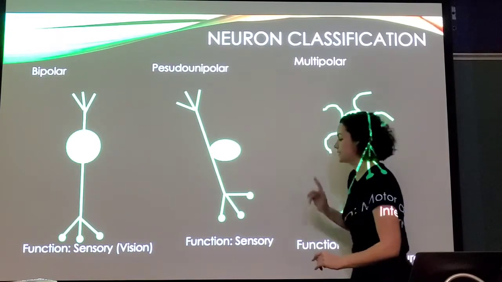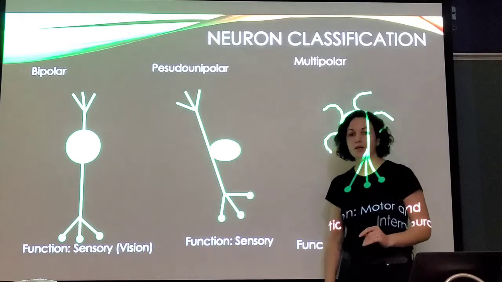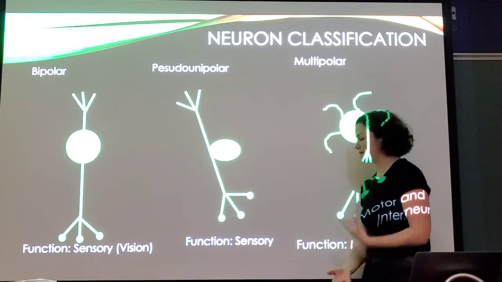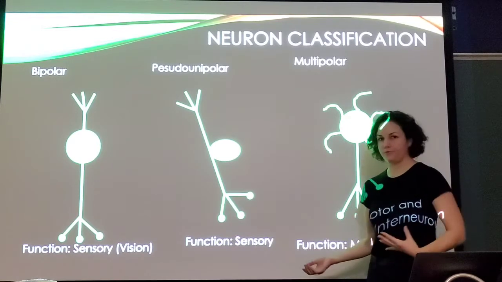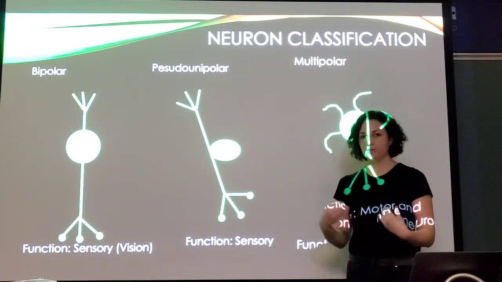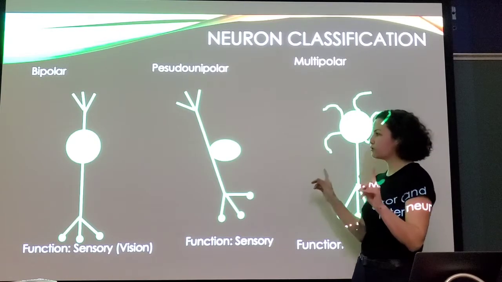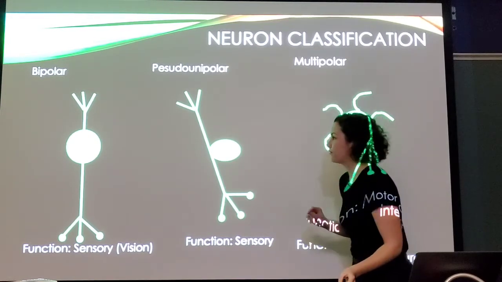Pseudounipolar neuron is also a sensory neuron. It's mostly just the other senses, but also a lot of deep pressure touch, okay? So for the pseudounipolar, you notice it's a little bit different from the bipolar neuron.